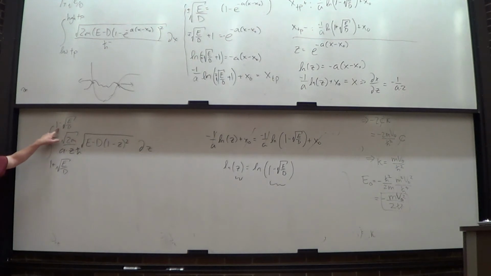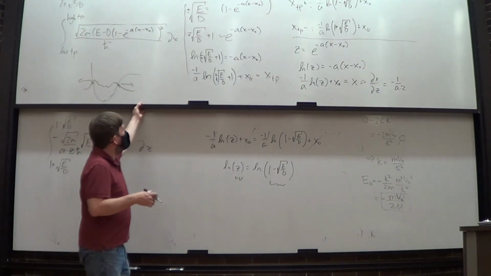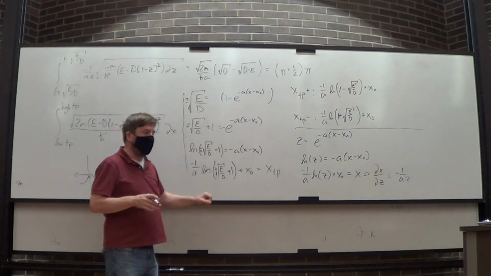So it makes sense that the lower one's the upper limit and the higher one's the bottom limit. It makes sense for multiple reasons. For one, z is high when x is low, and z is low when x is high.